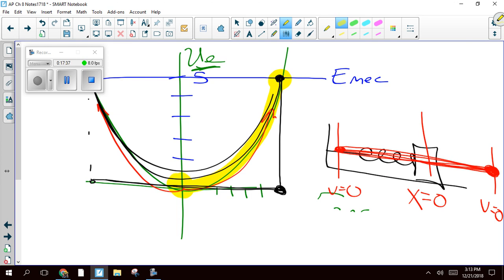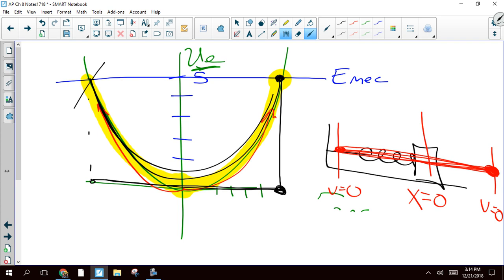But you've got all this kinetic energy, and that carries you this way. So now we're converting kinetic energy back to potential energy, and at this point our velocity is 0 again, and so you're going to come back, right? So a little while ago I talked about turning points. So this is a turning point because at that point you run out of kinetic energy, and your potential energy wants to convert.